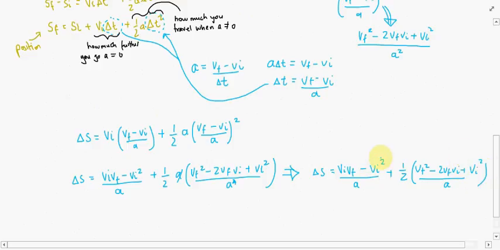Alright, we're getting closer. Let's see what else I can do. I'll multiply everything by a, so that I'll get rid of these a's at the bottom.